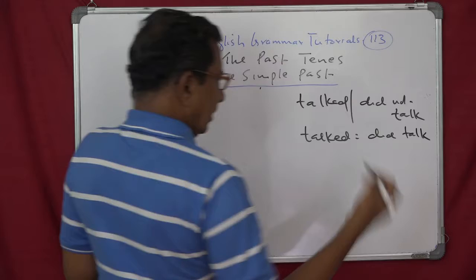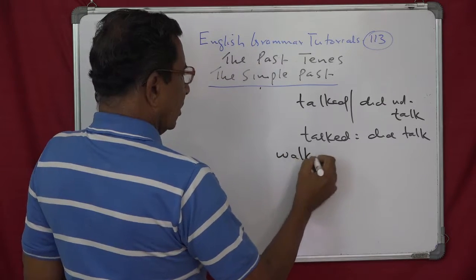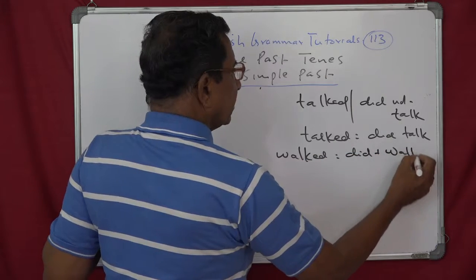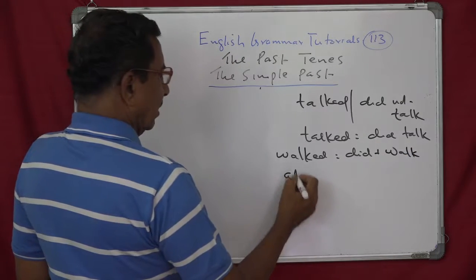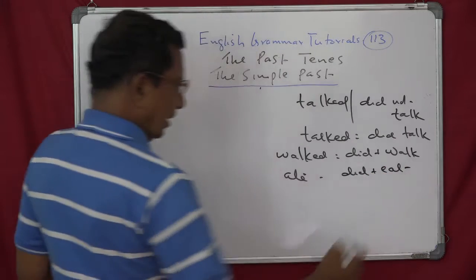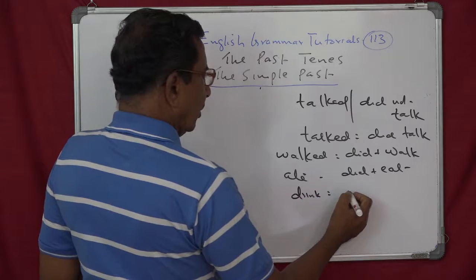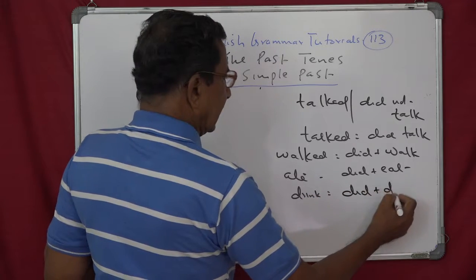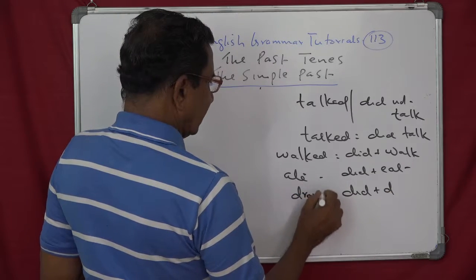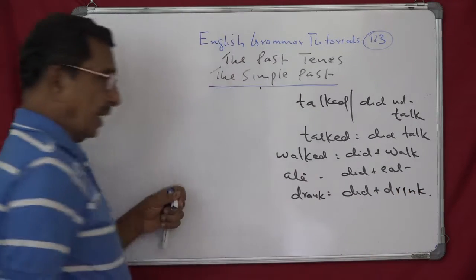Walked is equal to did plus walk. Ed has been taken. Ate is equal to did plus eat. See that? Drank, past tense, is did plus drink, not did plus drank.